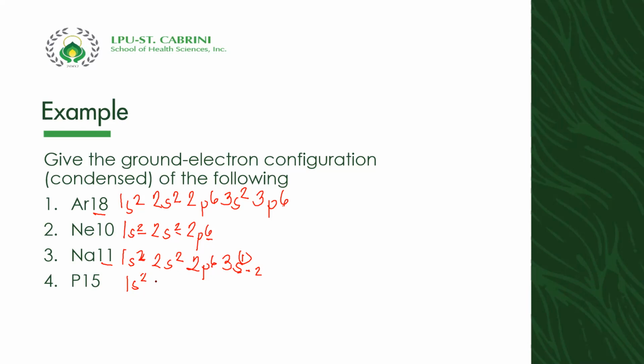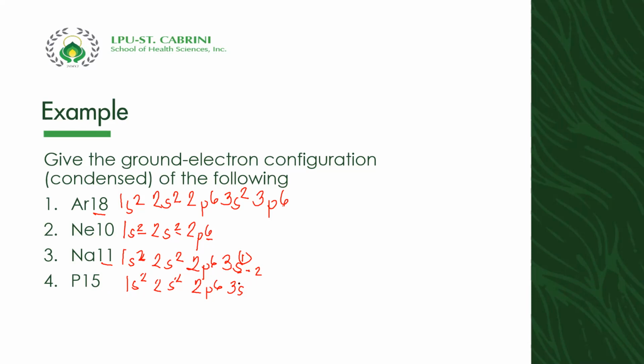Next, how about phosphorus 15? 1s2, 2s2, 2p6. Are we going to stop here? No. Continue. 3s. Sir, this time, 1 pa din ba? No. Because what we need is 15.